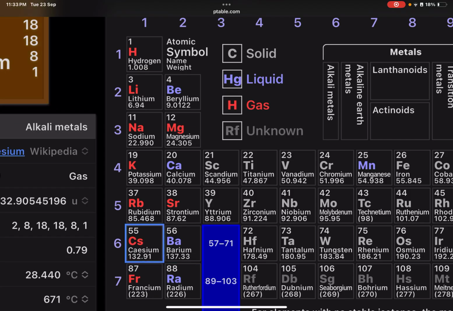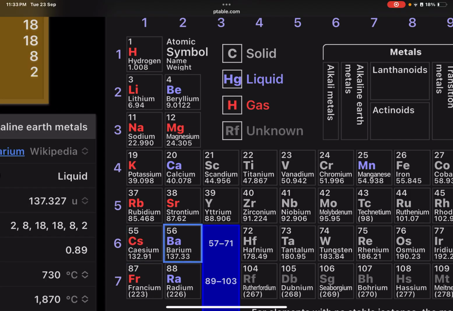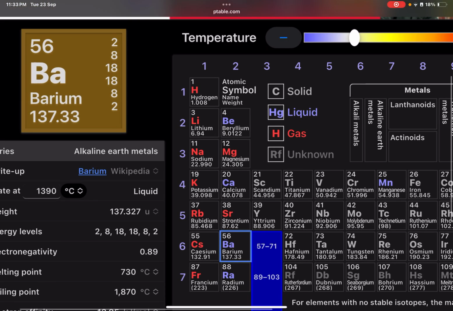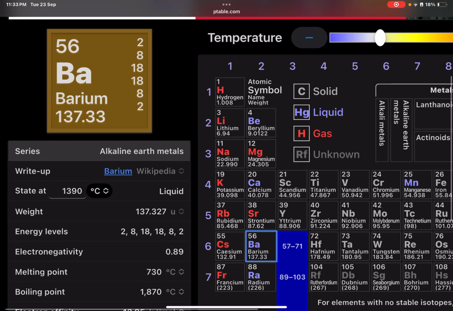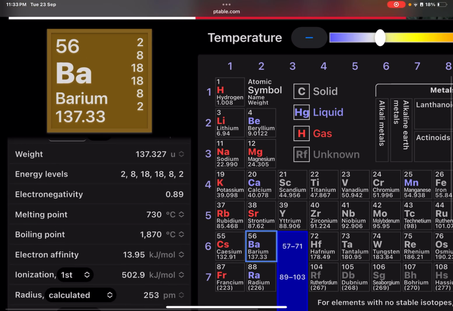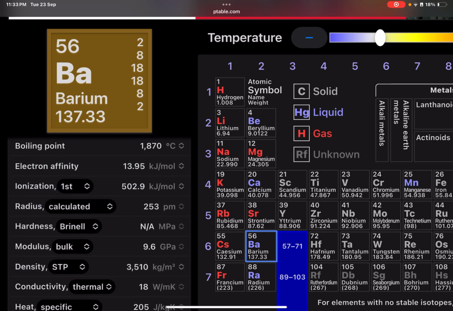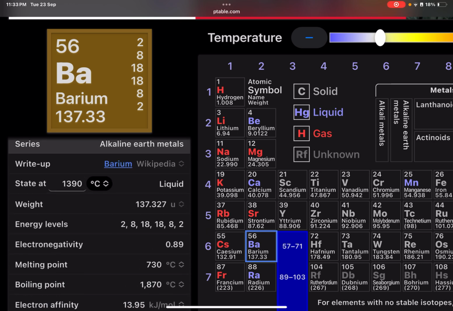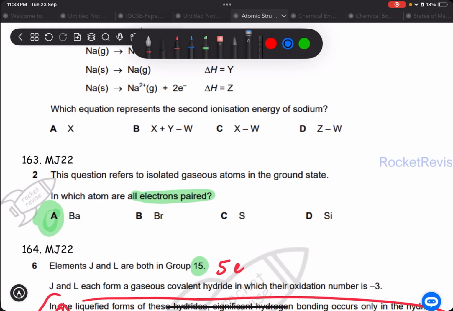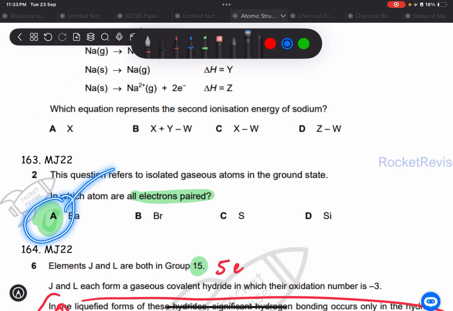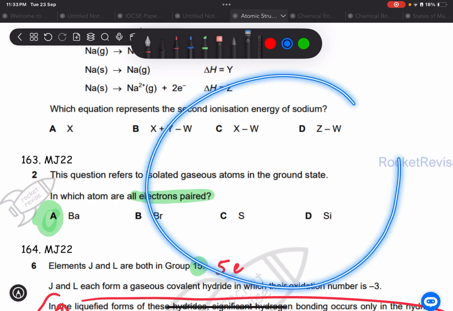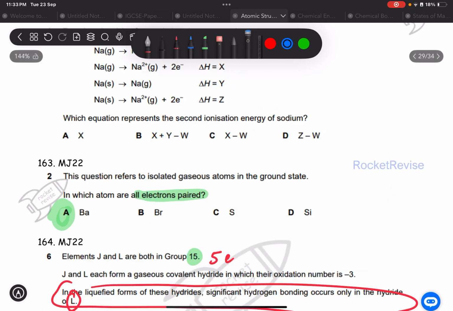Cesium is 6s1, and barium is 6s2. You can check all the information about barium, the energy levels and everything, it's going to be 6s2. So the filled electrons are paired in the 6s2 subshell. Firstly, it's an S subshell, and there are going to be 2 paired electrons in it.